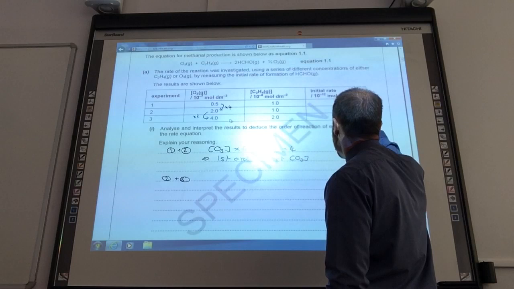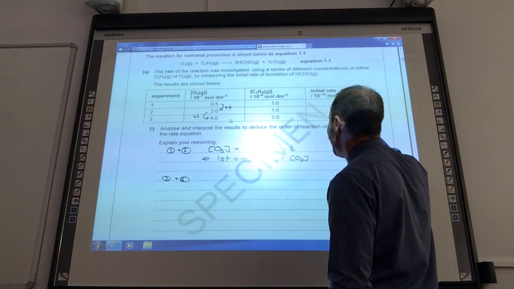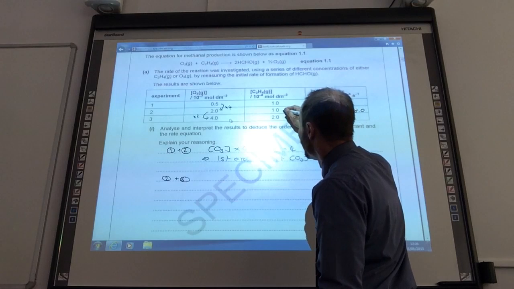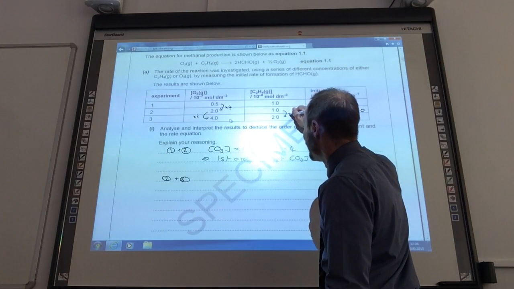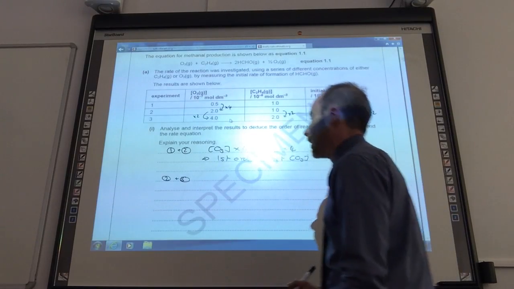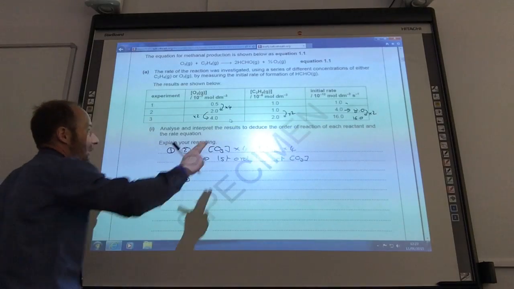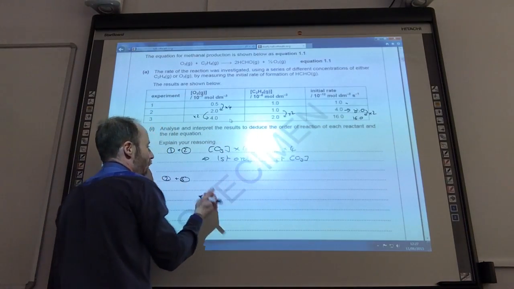So purely based on ozone, I'd expect it to be 8. However, it's 16. So if I now take this into account, if I times that by 2, I go from 8 to 16, so I times the rate by 2, and therefore it is first order with respect to C2H4.